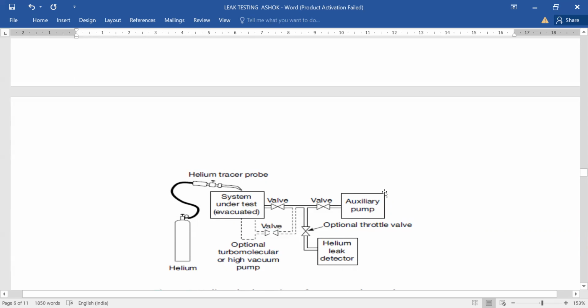So when you are giving helium by tracer probe, you are sending helium inside this vacuum. From this vacuum, it is going to the helium leak detector. That is called tracer probe. You are supplying helium outside this vacuum system.